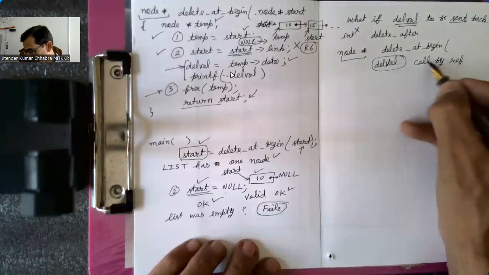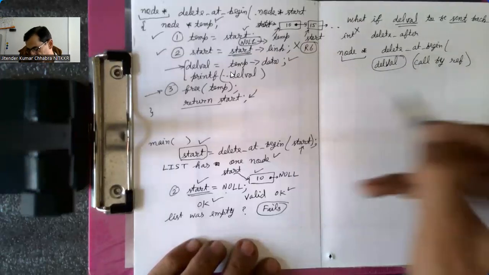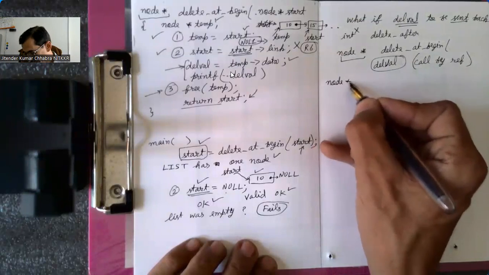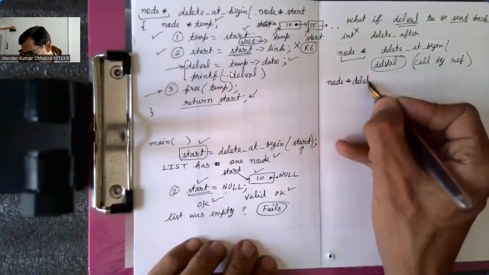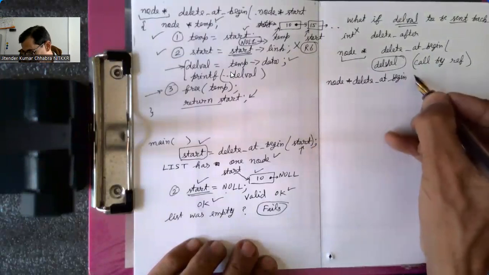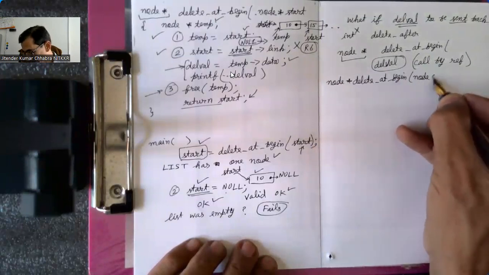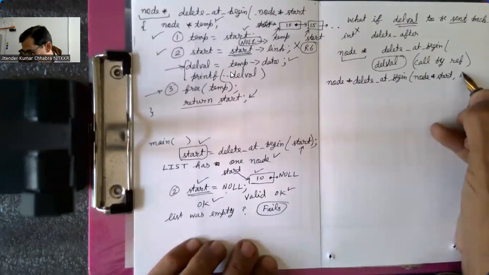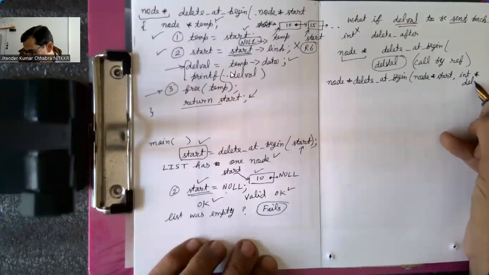Those who want to try, they can try. Those who find it difficult, maybe forget this. But for those who want to try, my delete at begin function will have whatever we have done till now, node star start, etc. being sent. Along with that, I will also send one call by reference variable.